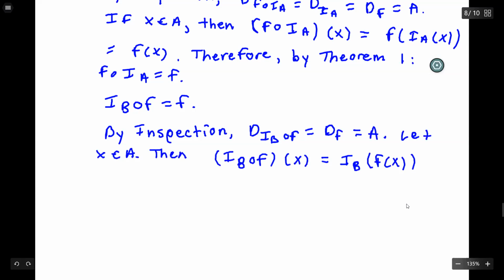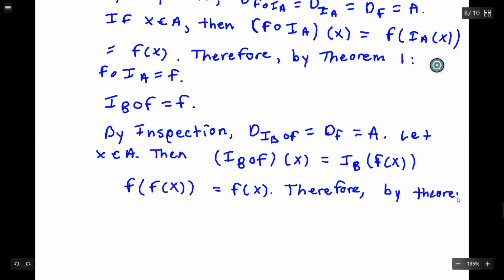Now, what we have here is really f of x, so what that would equal is just f of x itself. Right? So therefore, by Theorem 1, the composite is equal to f.